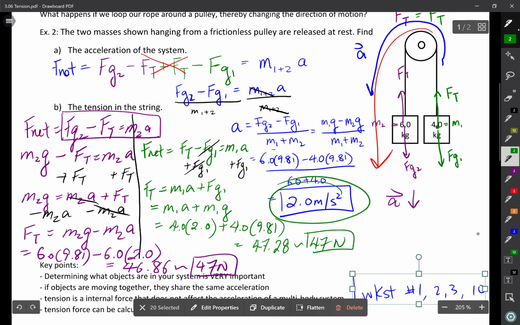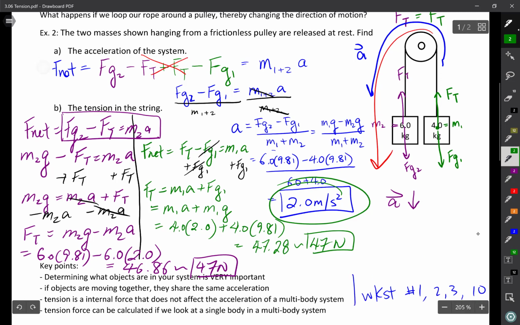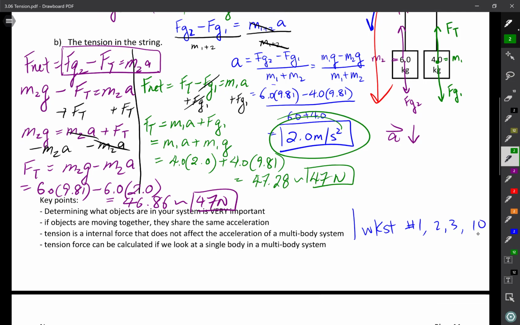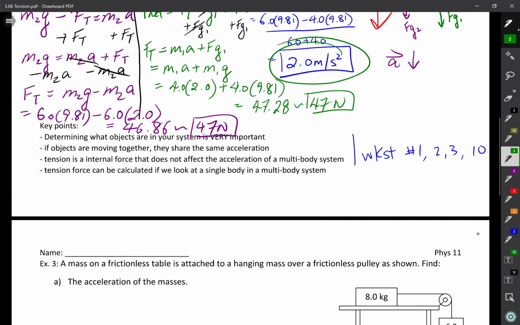Ideally, I would have used a non-rounded value for acceleration, and the tension forces should have turned out to be exactly the same number. But after rounding, they're roughly about 47 newtons. Ideally, you don't want to do that in your question. You want to use the original value as close as you can.